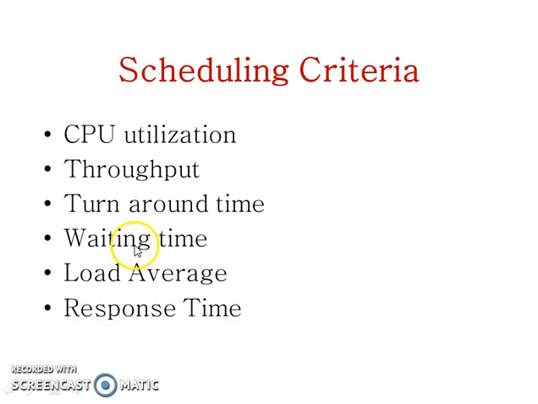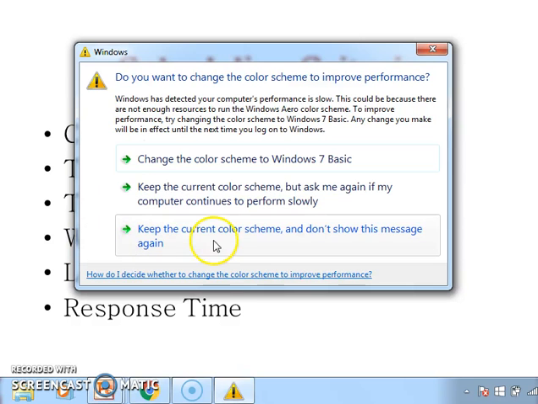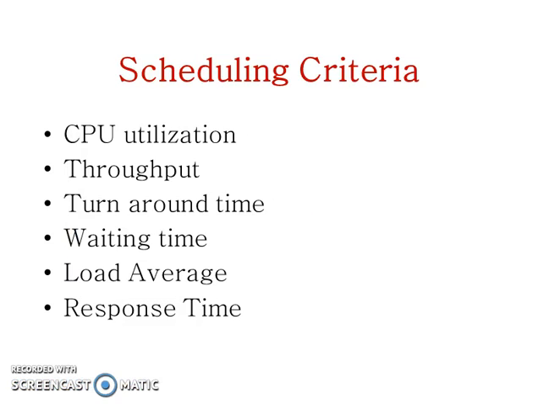Now the next criterion is the waiting time. The waiting time is the sum of the periods spent waiting in the ready queue, the amount of time a process has been waiting in the ready queue to acquire control of the CPU. The next one is the load average.